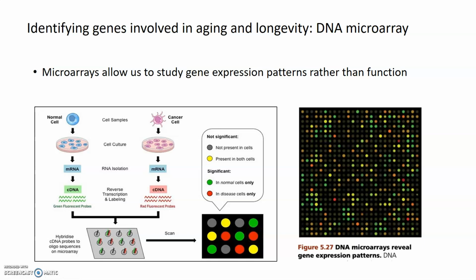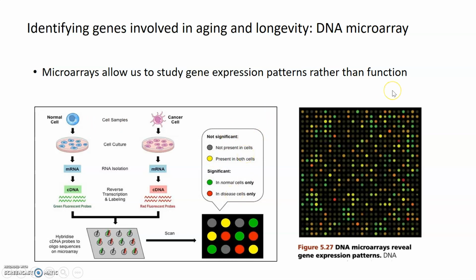And so by comparing the expression profiles of these 2 different types of cells, you can start to make determinations about what functions when, right? So if it's on in a cancer cell and off in a normal cell, that gene might have something to do with promoting cancer. Whereas a gene that's on in both probably doesn't, right?